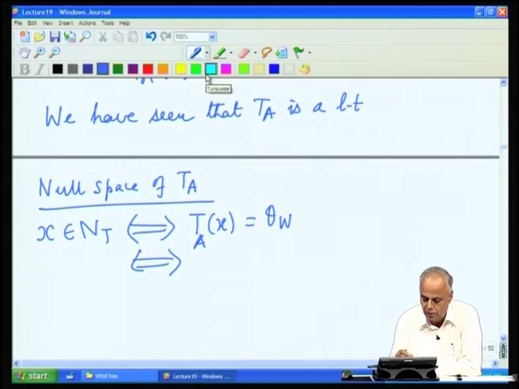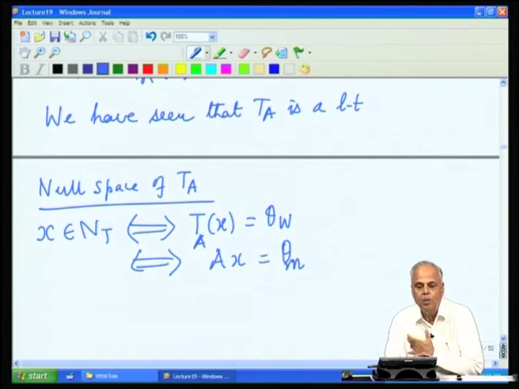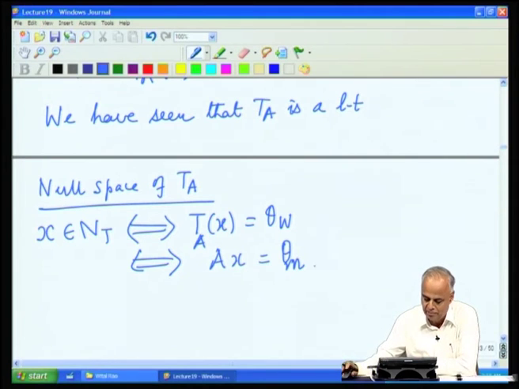So, therefore, T_A of x is A x equal to theta_W. What is theta_W? It is theta_m, because W is F^m. So, this is simply the homogeneous system of equations Ax equal to theta_m, and the solutions of this is what is known as the null space of the matrix A. Okay.